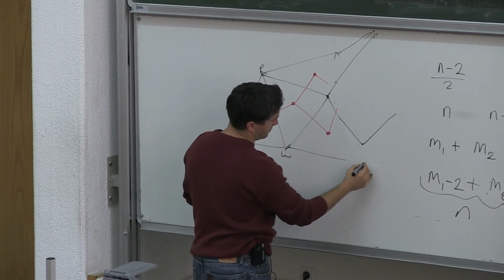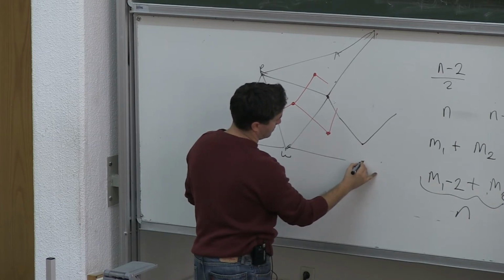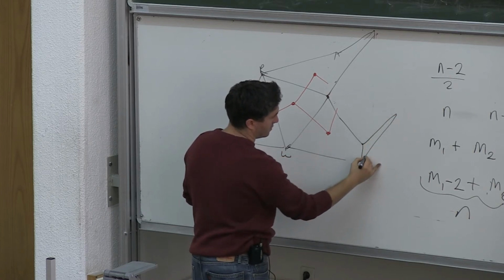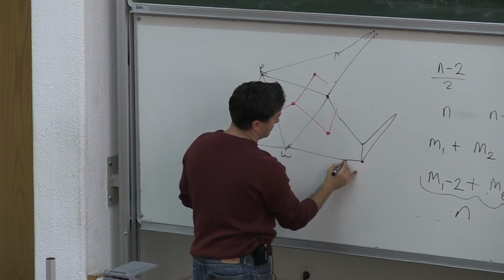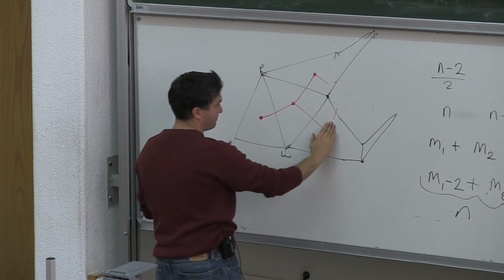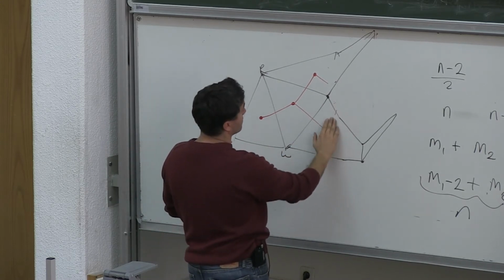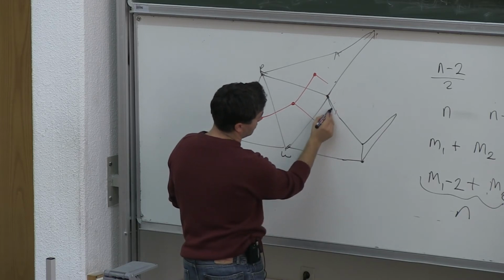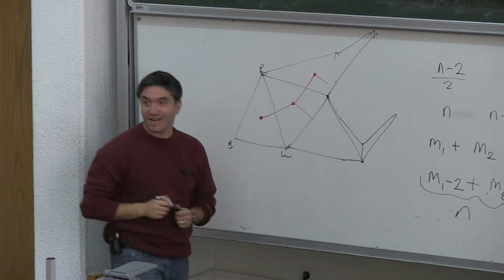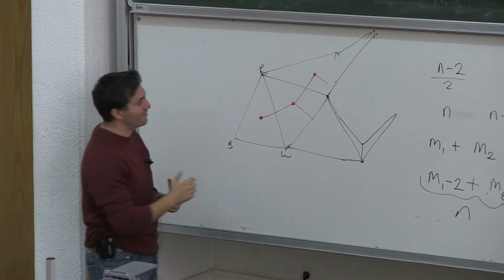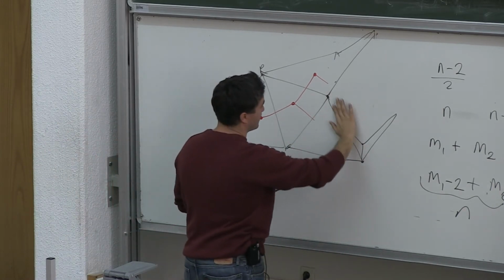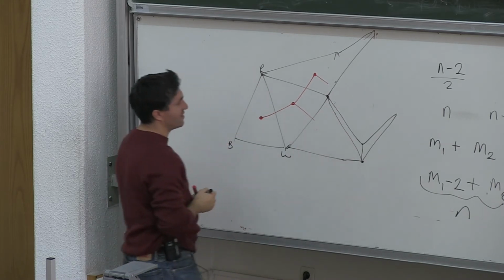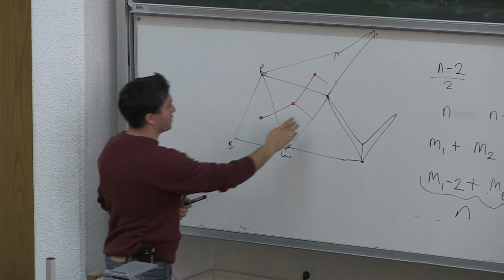Now I need another diagonal, because in order to make it a triangulation, I need another diagonal. Now we're done. Let's make this straight as well. Now we have a triangulation, right?